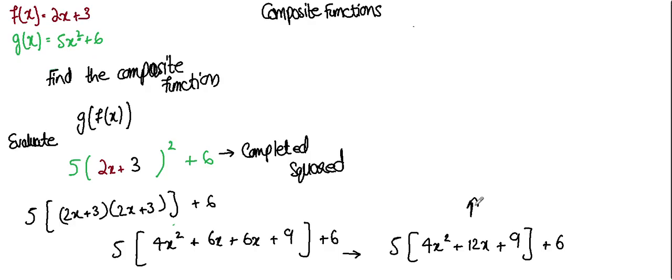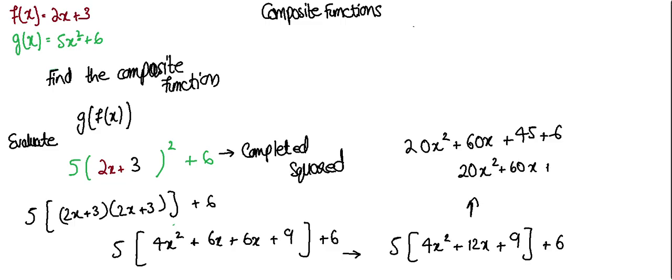So this becomes 20x squared plus 60x plus 45 plus 6, and this will finally become 20x squared plus 60x plus 51. Finished. That's the answer. Understood? That's great. Take your time and solve the question.